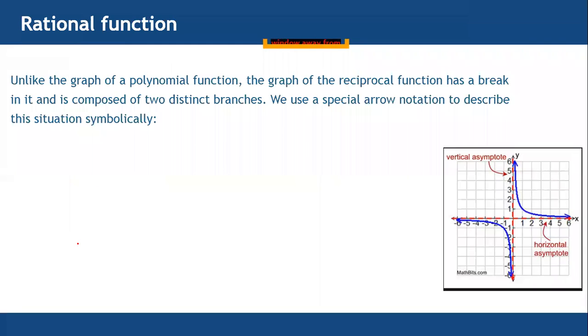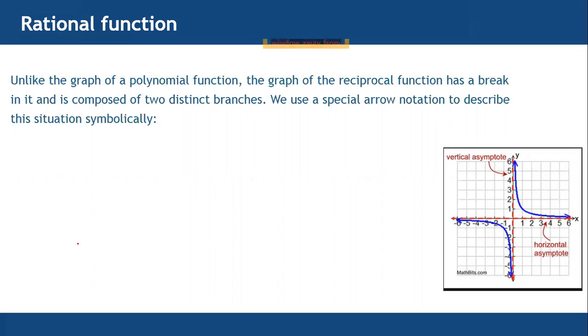Now, about the graph of a rational function, how we can draw the graph. The graph of a rational function is not like a polynomial function. One characteristic of a polynomial function is that it is continuous from minus infinity till plus infinity, and there are no breaks.